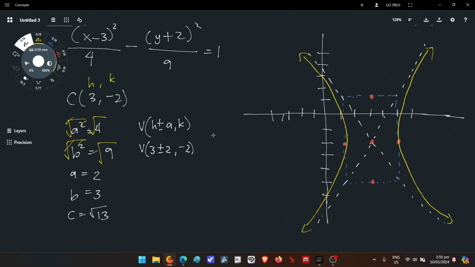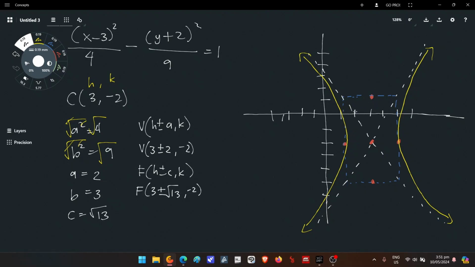And now we're going to find the foci. So the foci are at (h plus or minus c, k). Here h is 3, c is the square root of 13, and our k is negative 2. So let's bring out the calculator. 3 plus square root of 13 is approximately 6.6.